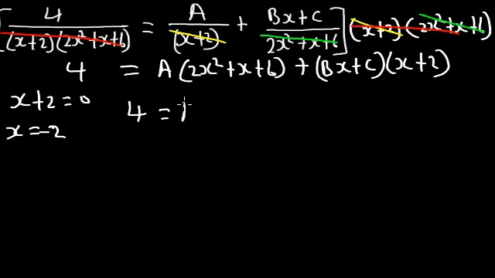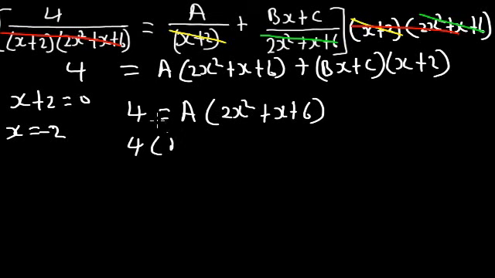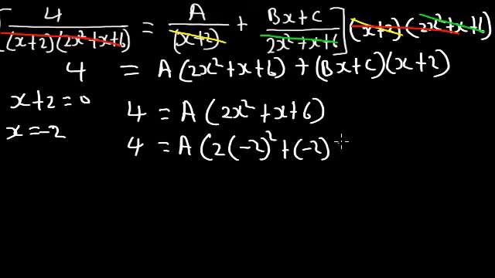And we will be left over with a multiplied by 2x squared plus x plus 6 equals to 4. Since x is negative 2, I'm just going to plug in that negative 2. And we have a in the bracket of 2, negative 2 all squared plus negative 2 plus 6.